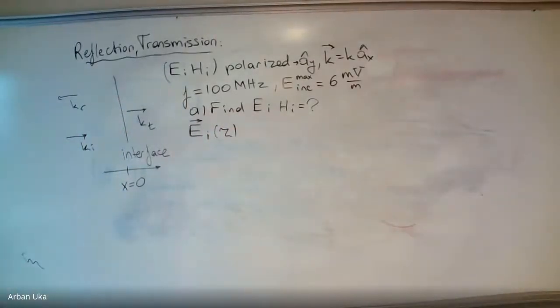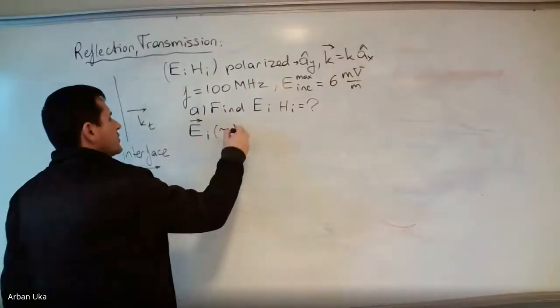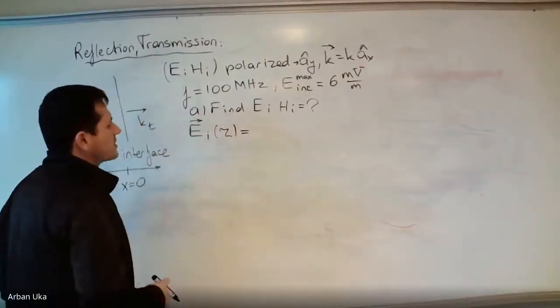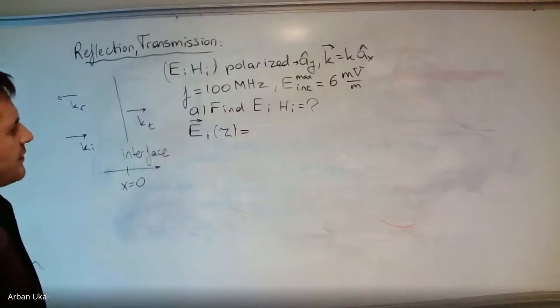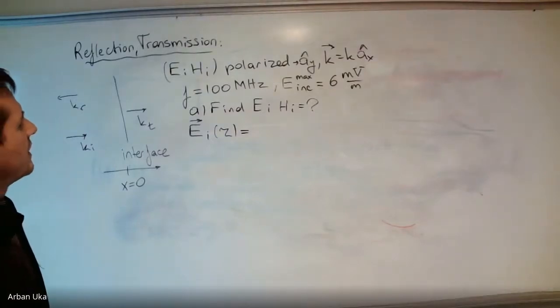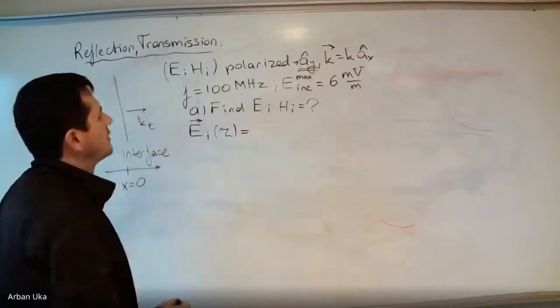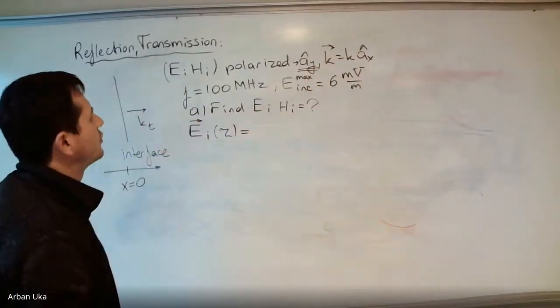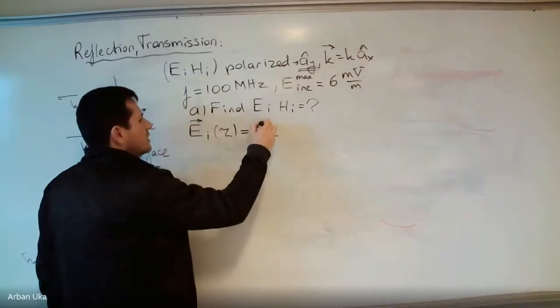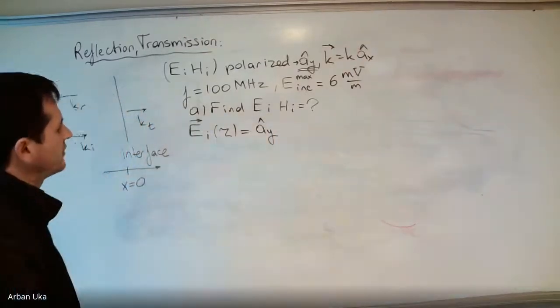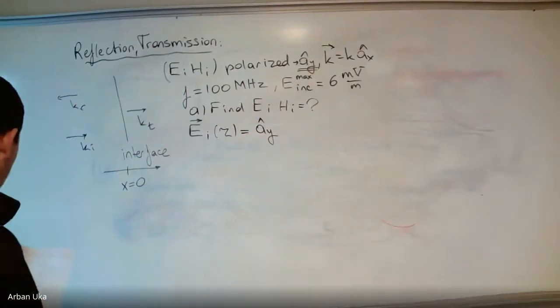This one would be equal to, so first of all, we have to write down what is the direction of the electric field. So the direction of the electric field, we can notice it because we are given that the wave is AY polarized. This is AY.